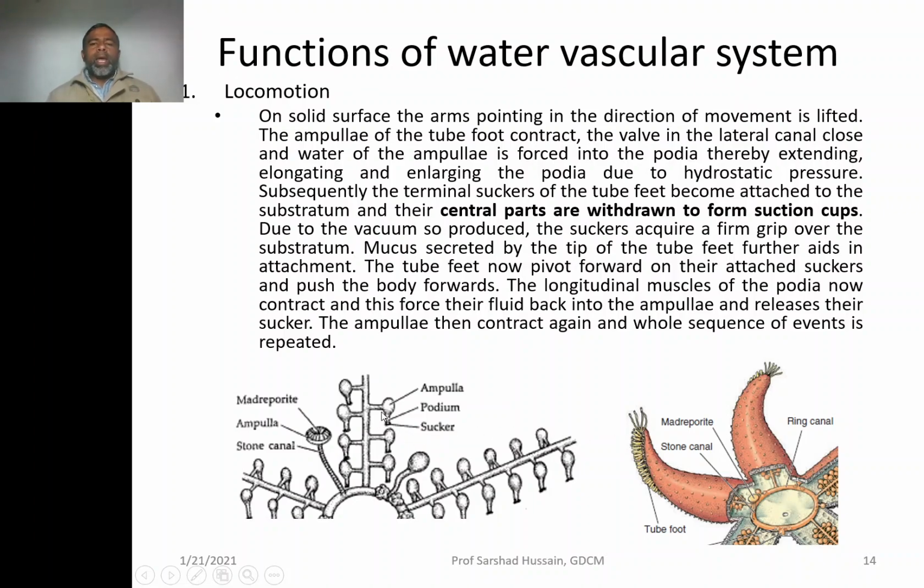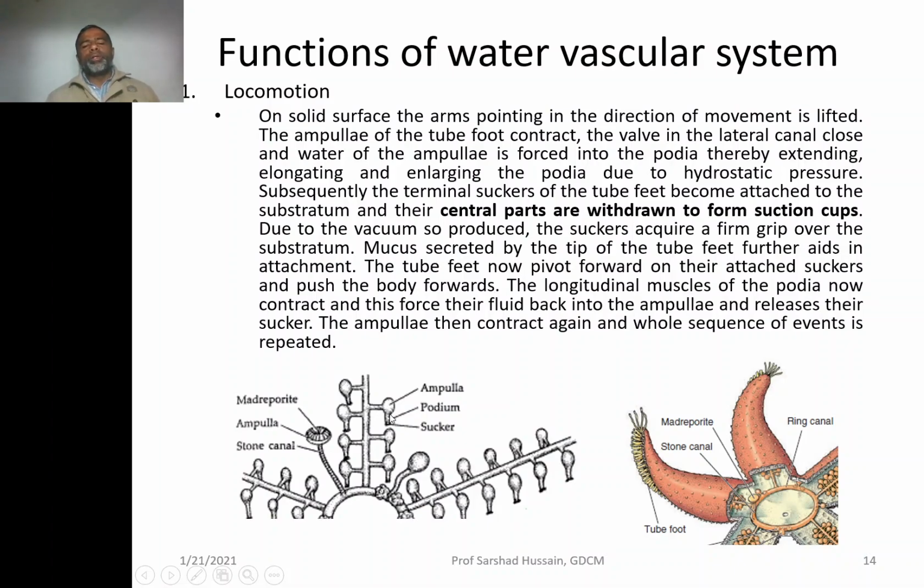The ampullae of the tube feet contract. Once they contract, the water inside them is pushed below into the podium, because the valve behind it is closed. So the water will not go back to the radial canal.